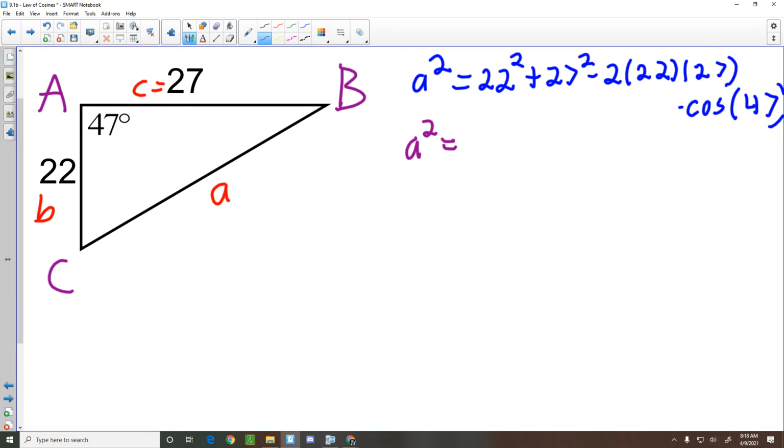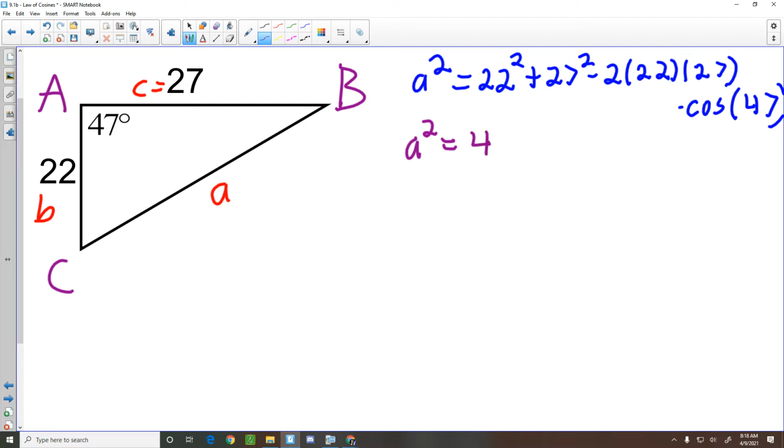You just plug all of that right into your calculator. 22 squared plus 27 squared minus 2 times 22 times 27 times the cosine of 47. Enter.